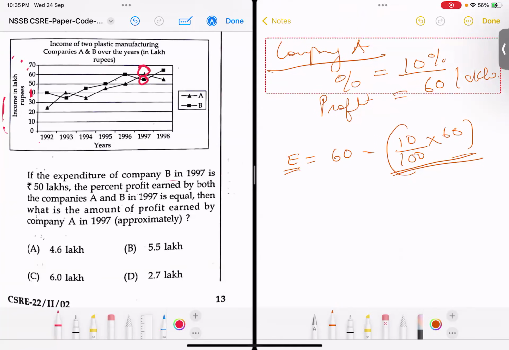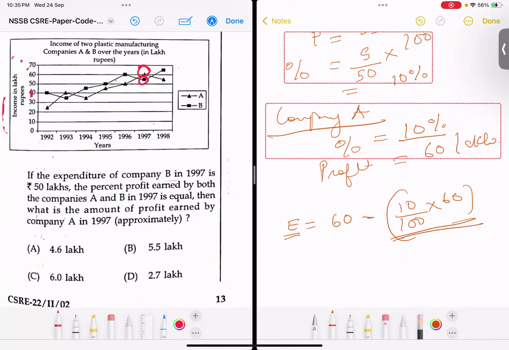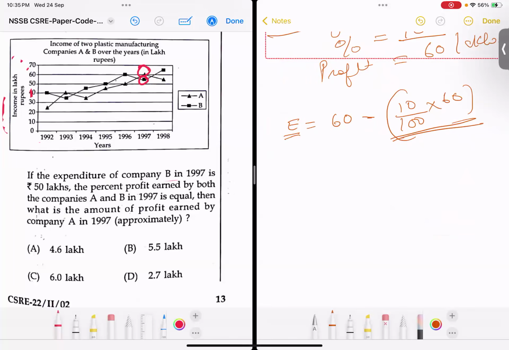So in order to get the expenditure, we subtract the 10% from the 60 lakhs. That will be 60 minus 6, which is 54.